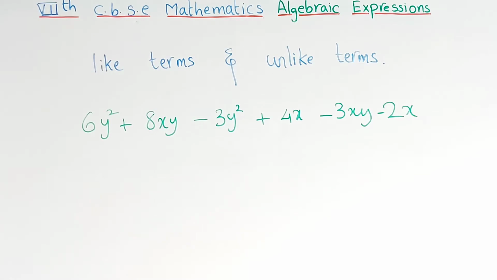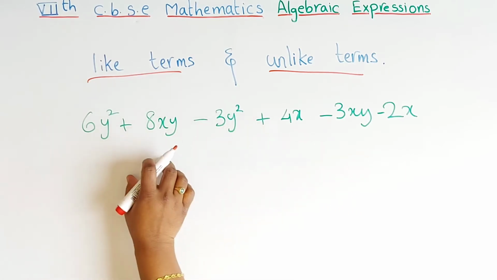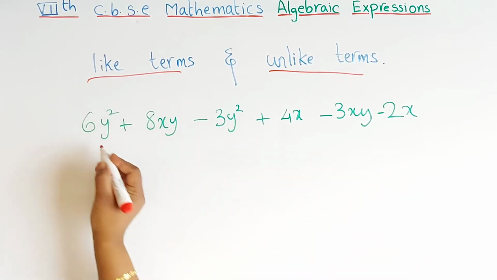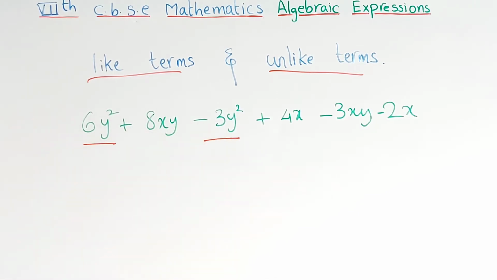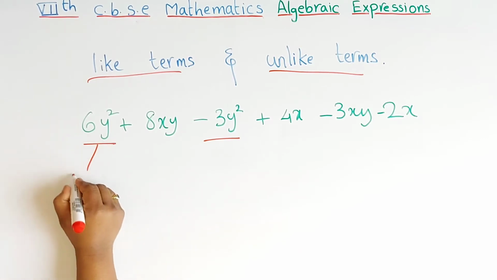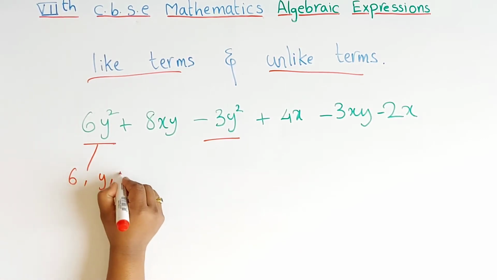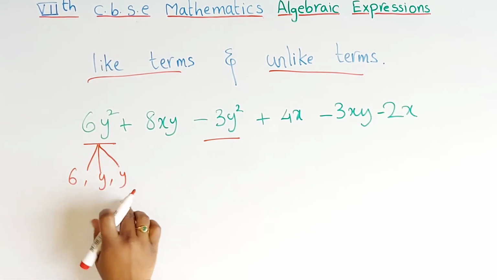What are like terms and unlike terms, children? When terms have the same algebraic factors, they are called like terms. See here, 6y square and minus 3y square. Now see the factors here. We'll write the factors. 6, y and y. For this term we have three factors, 6, y, y.